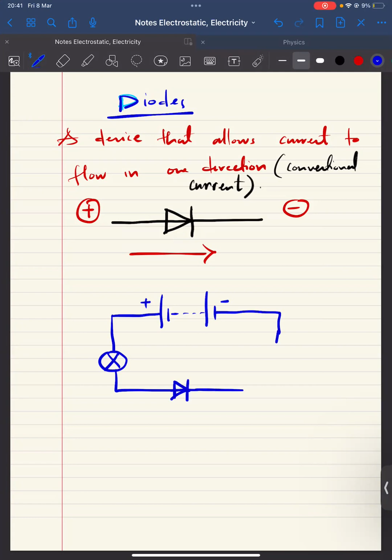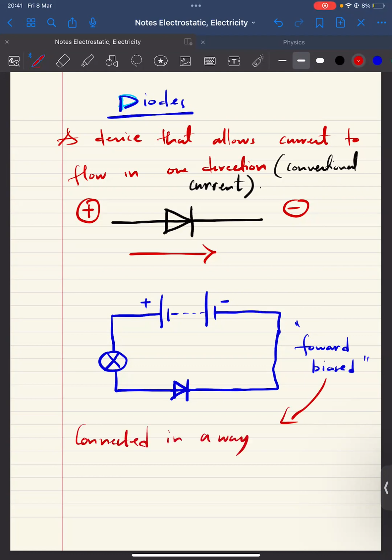This diode is said to be forward biased. What does it mean to be forward biased? It means it has been connected in such a way that the current flows from positive.